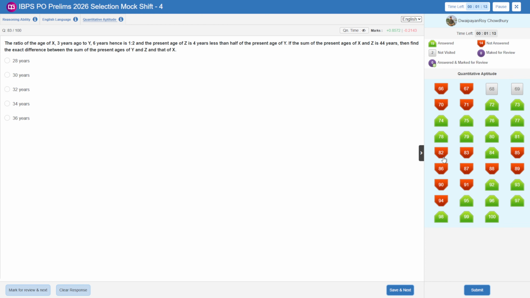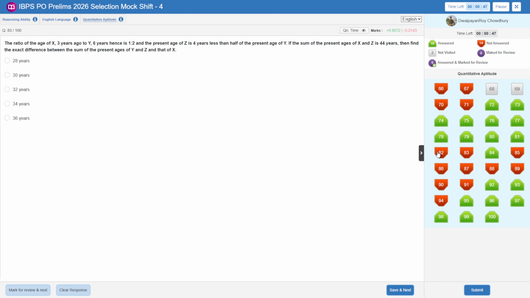So the ratio of the age of x 3 years ago to y 6 years. Okay, so x minus 3 upon y plus 6 is 1 by 2. So 2x minus 6 is y plus 6. 2x minus y is going to be 12.